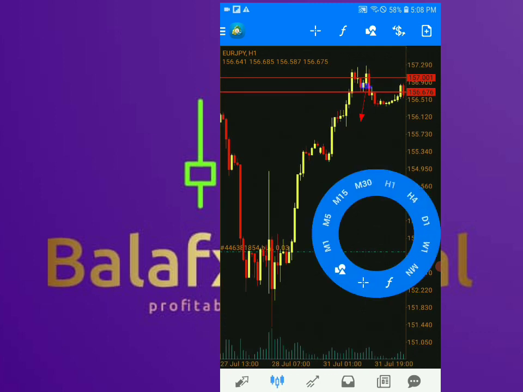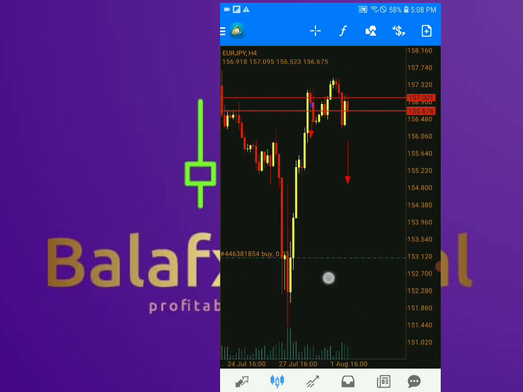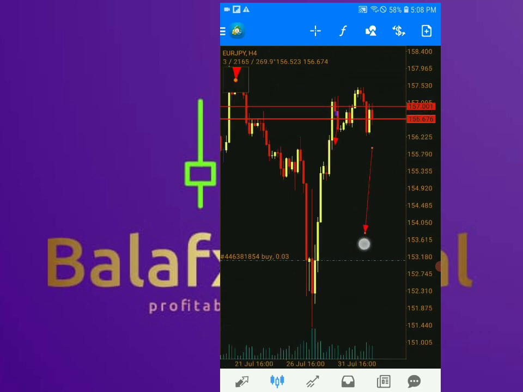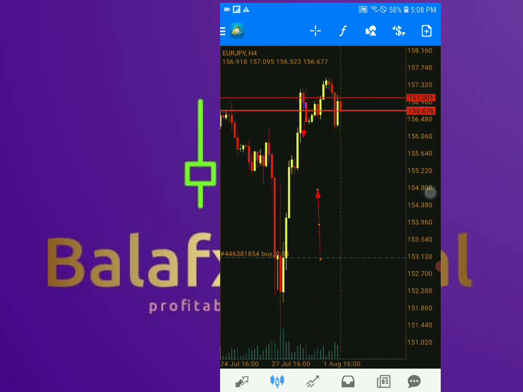So what I will do, I don't want to be on loss, so this is where I buy. Since I'm in profit, I'll put a trailing stop. I'll put it here. So whenever this market bounces and comes back here, it will take me out, but still I will be in profit. So what we do, we put 920.